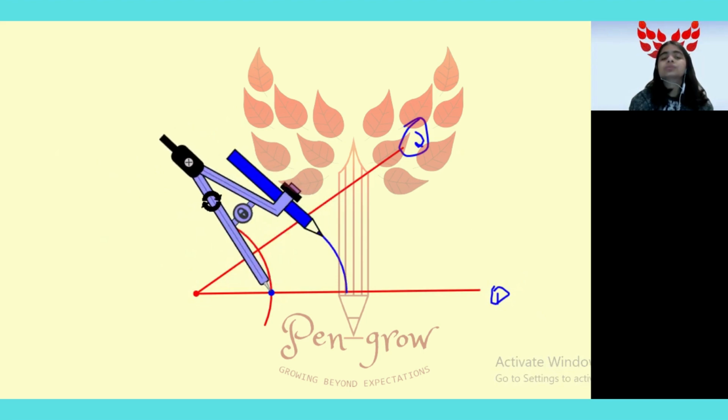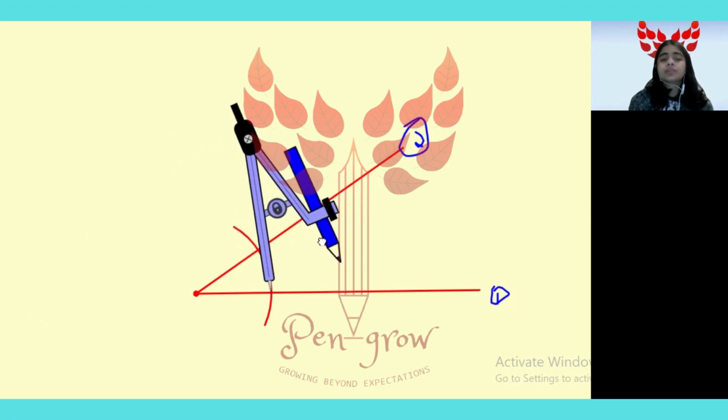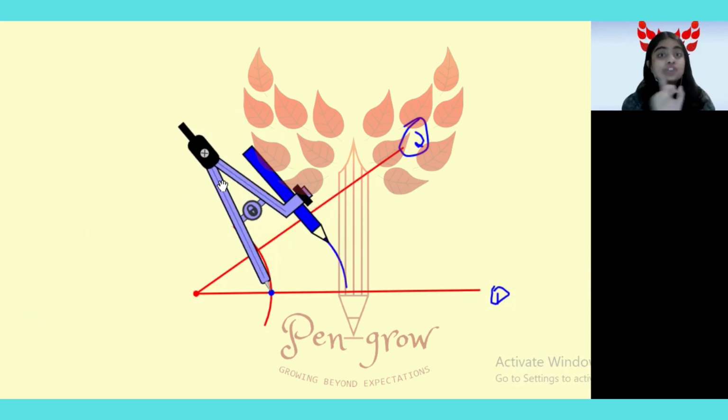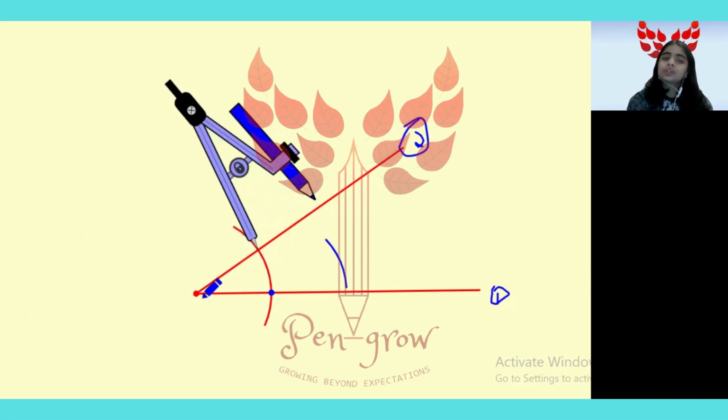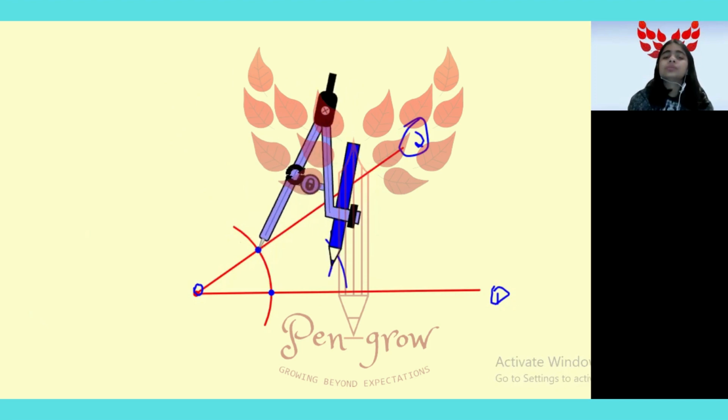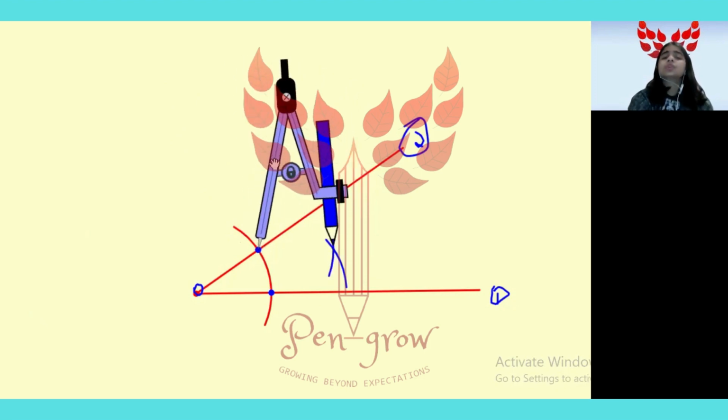But the catch is your compass measurement should not change. You should keep it the same, right? The opening of the compass, how much you'd open it, which you kept over here, it should be the same, right? Okay. So you get your arc.